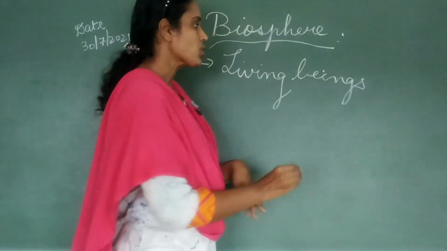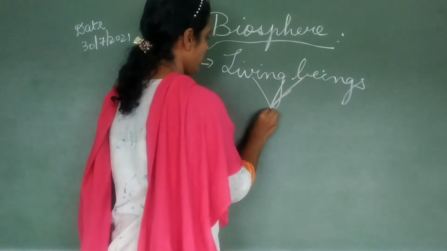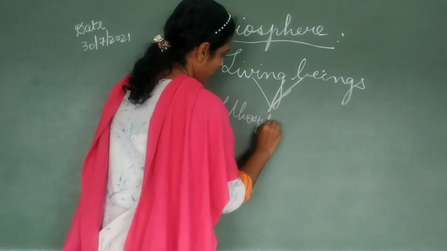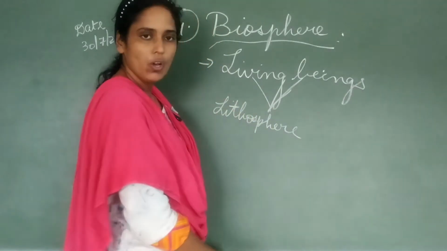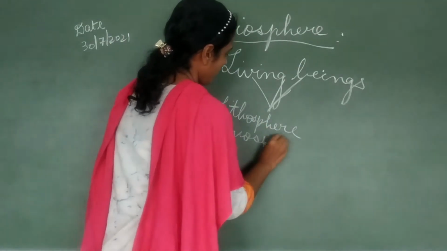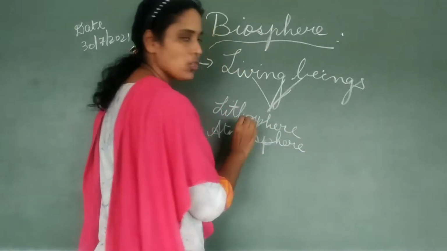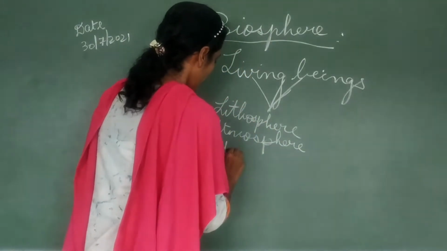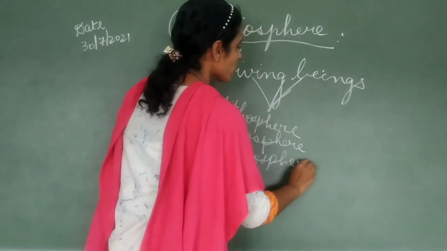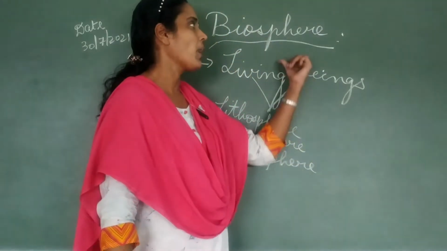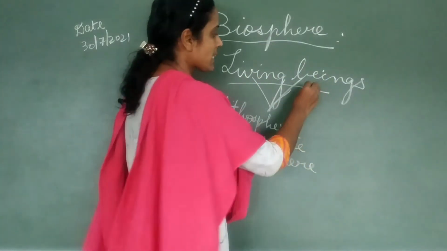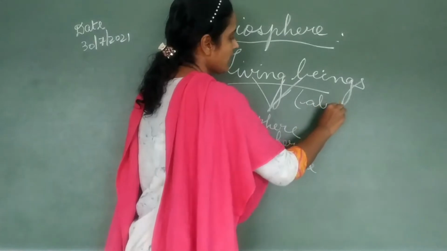It is the combination of all the three spheres, that is lithosphere, then you have your atmosphere and your hydrosphere. Okay? So the combination of all the three spheres is the biosphere, where the existence of living beings is seen.